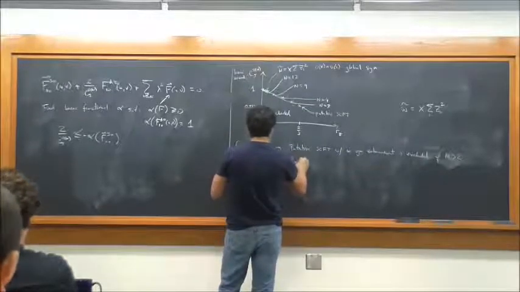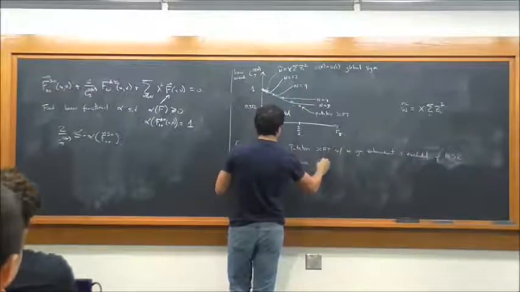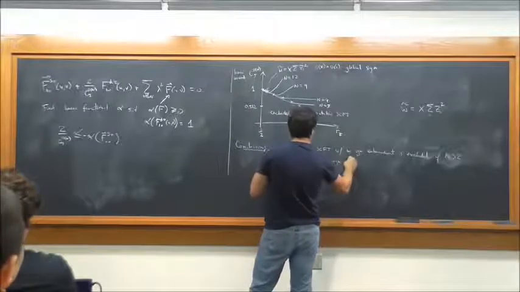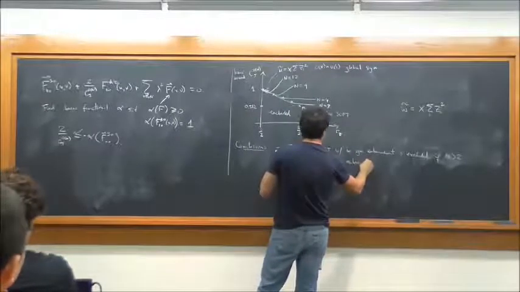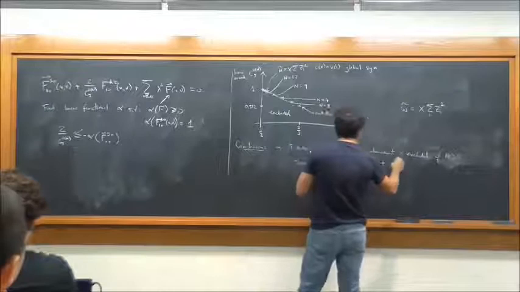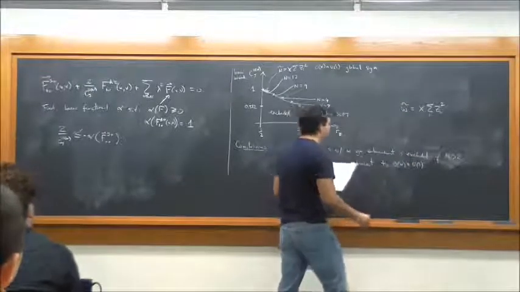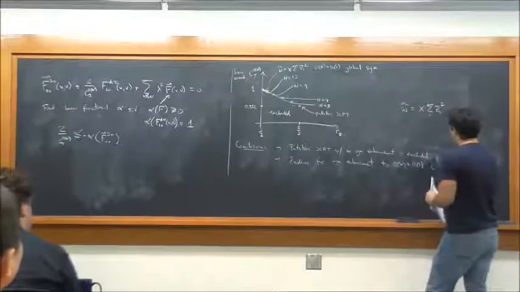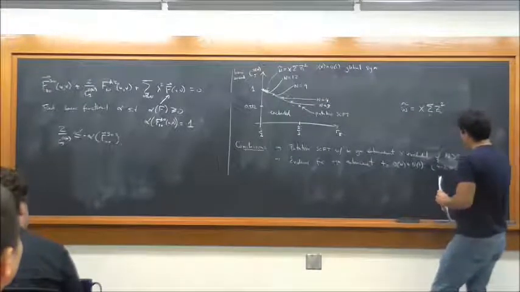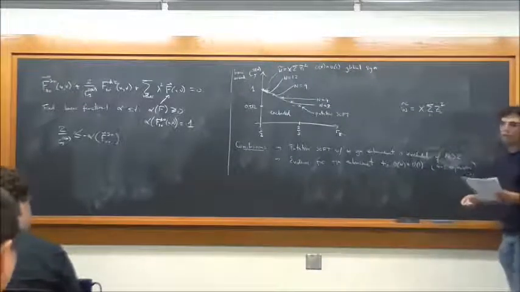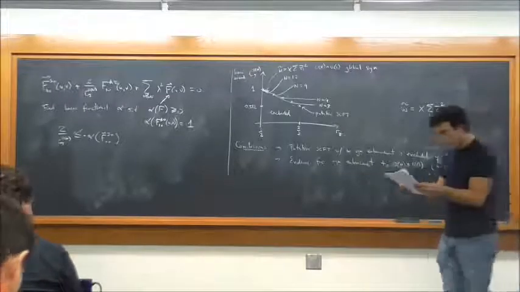There is some evidence for symmetry enhancement to ON times U1, and this comes from the 4 minus epsilon expansion. I have no other way of showing that this is actually what happens in these theories.